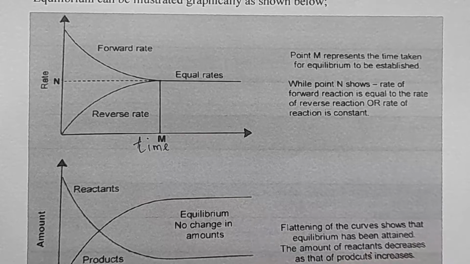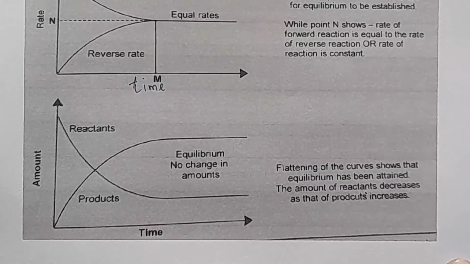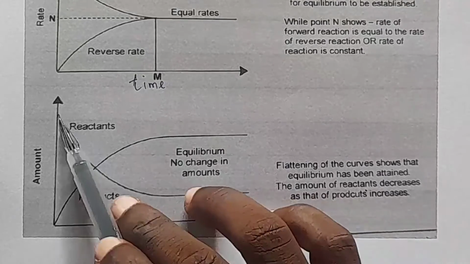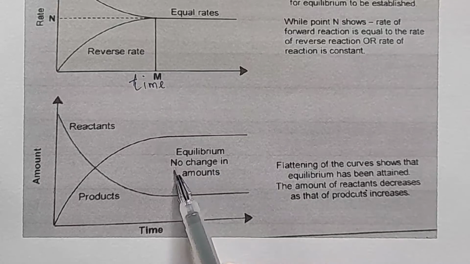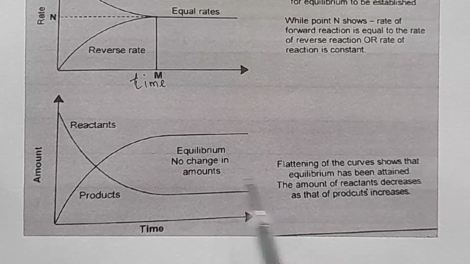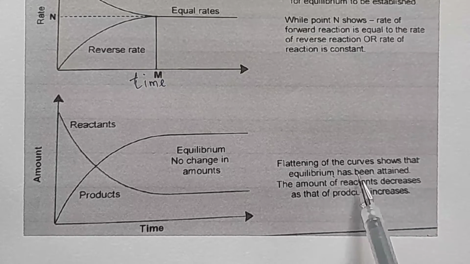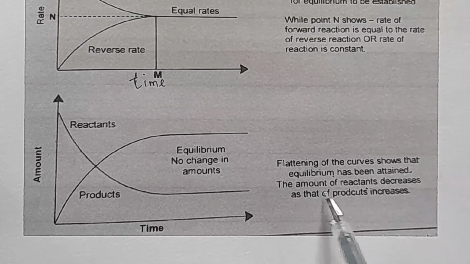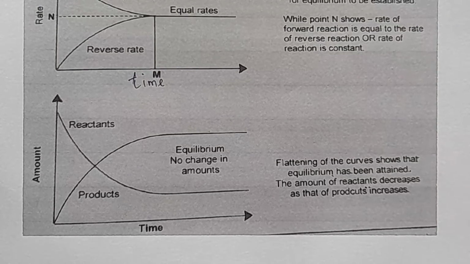So this other graph, we have amount and also time. Then we have product, and here we have reactants. Okay, we are having here equilibrium. That means no change in amounts. So we are saying flattening of the curves shows that equilibrium has been attained. So the amount of reactant decreases as that of the products increases.